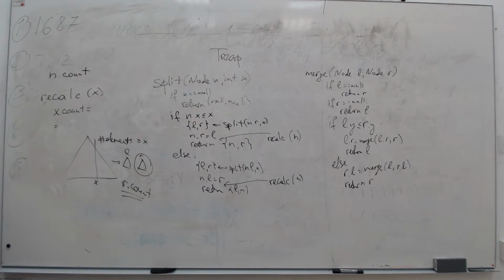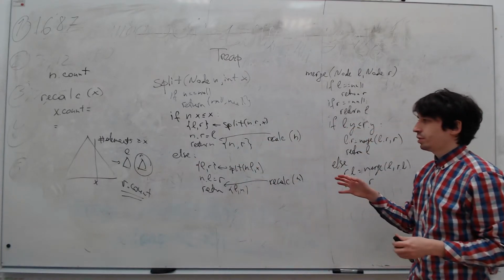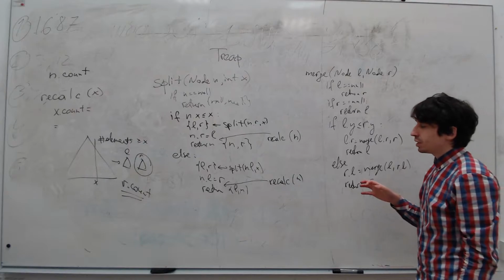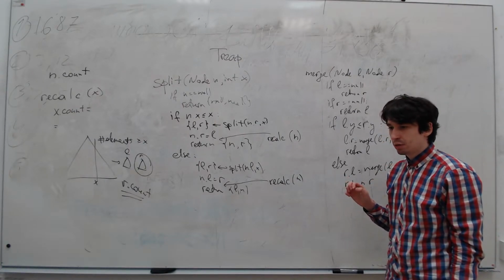So the question is how to maintain these counters, like our count thing. So when we change the node, we simply, so is the quality still bad? No, quality is okay.